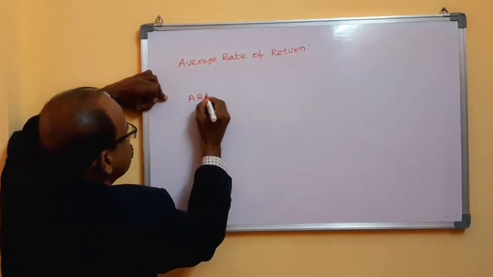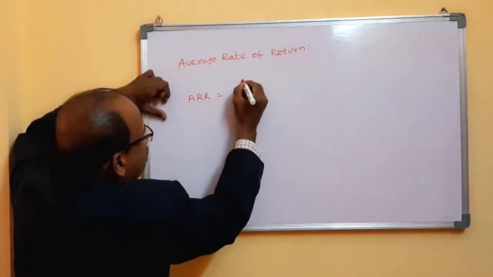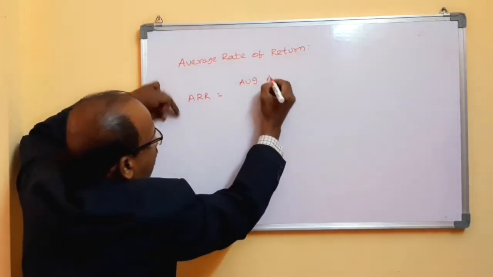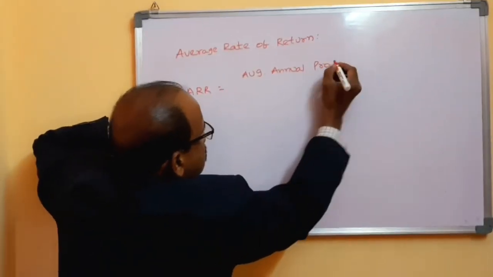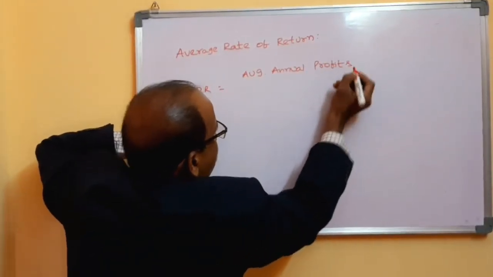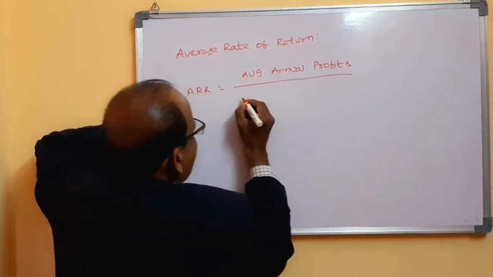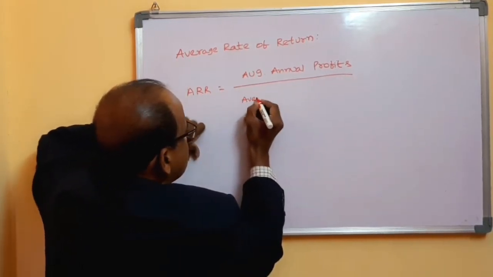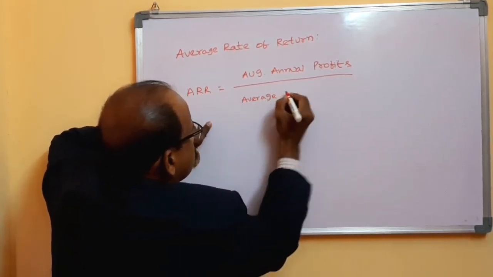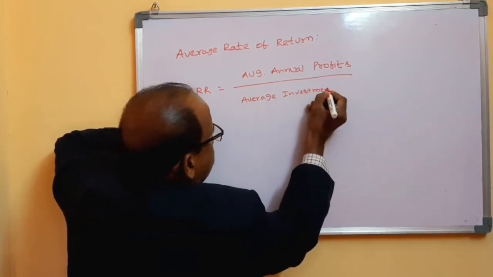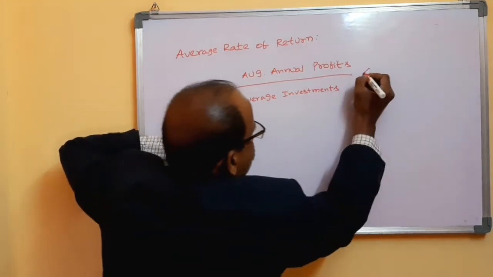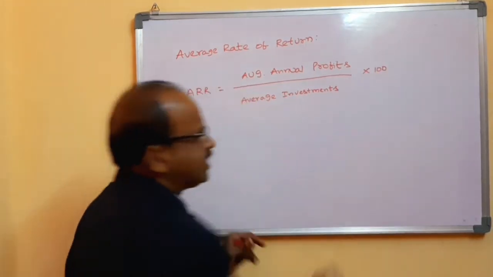ARR equals average annual profits by average investment into 100. This is the formula.